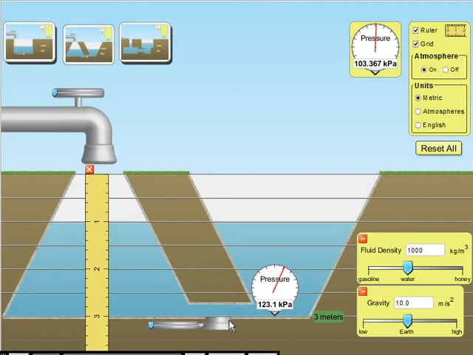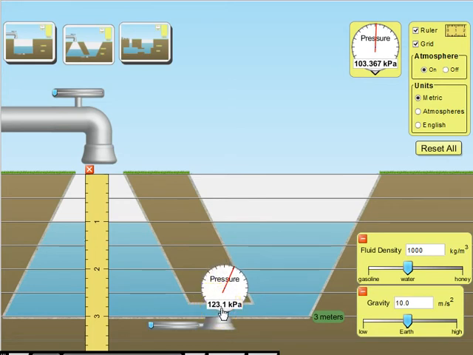Although there is some sort of a partition just above the outlet pipe, very little height of water is actually there. What causes the pressure to be the same is that both these containers are connected and hence the heights are the same, which means the pressure would be the same whether I look at it over here or even just above this outlet pipe.